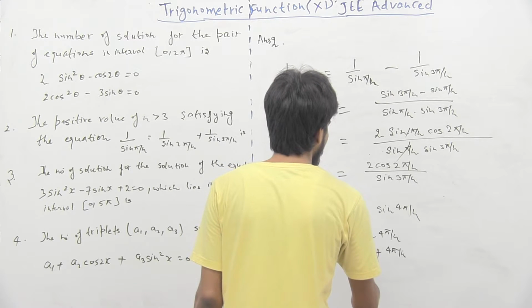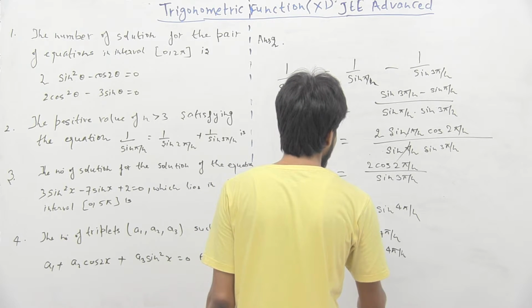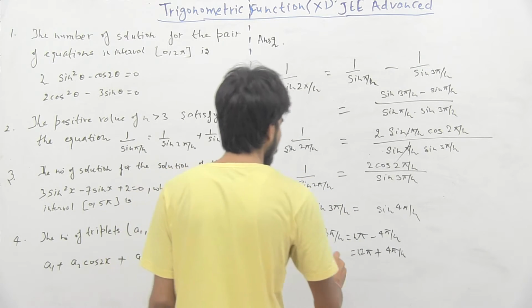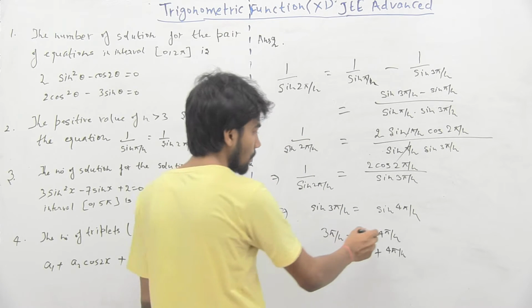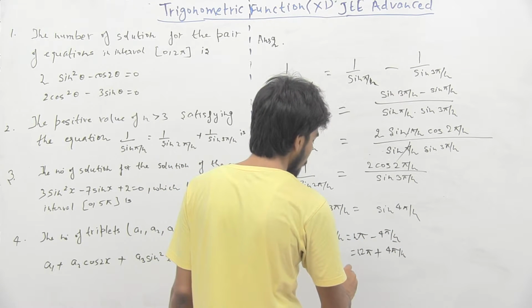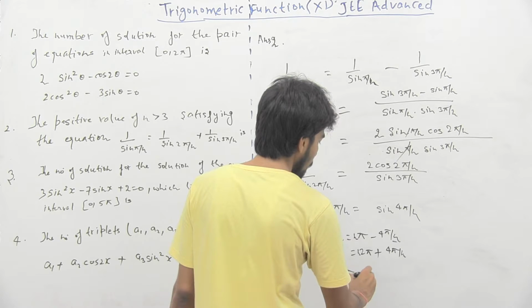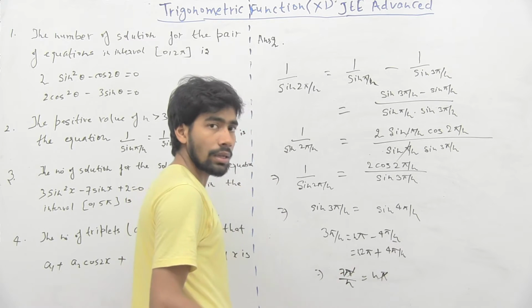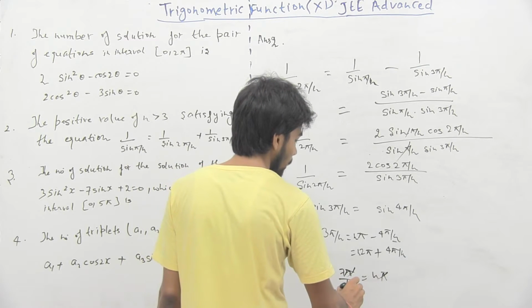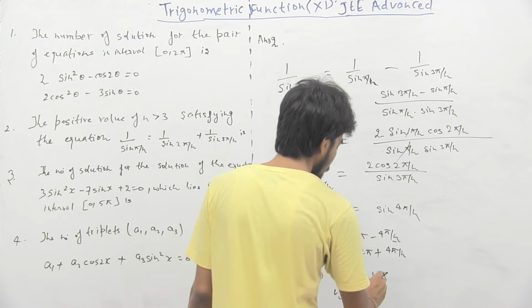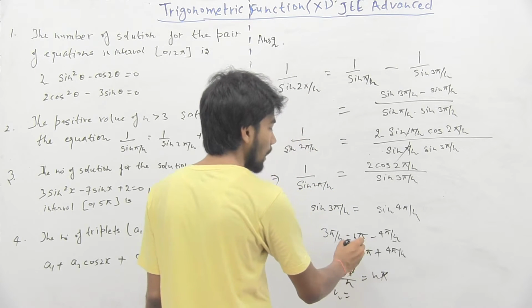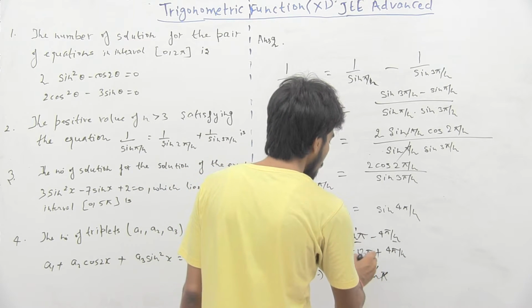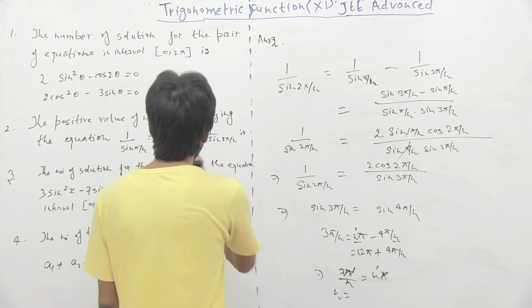Take here n pi. Now solving the first equation will give you 7 pi by n equal to n dash pi. Pi will get cancelled out, and we write this as n dash because this n is not the same as this n.